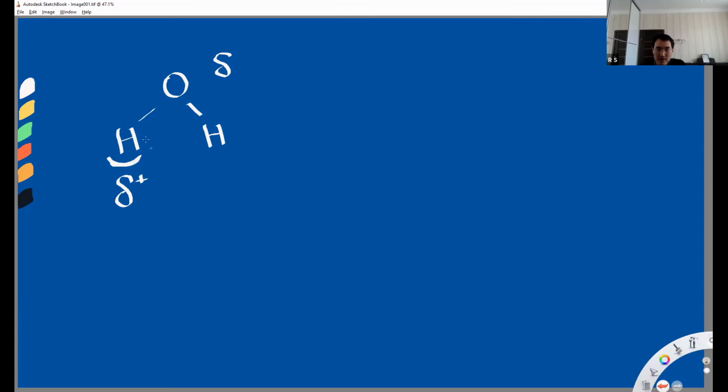So almost all elements are stronger than hydrogen to pull the electron. So usually hydrogen loses the electron inside the molecule, and this electron is pulled to the side of the more electronegative element. In this case, it's oxygen.